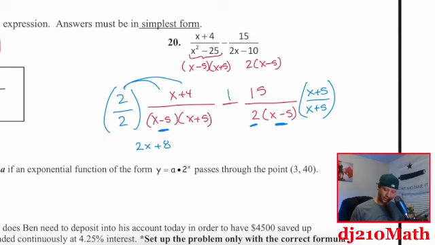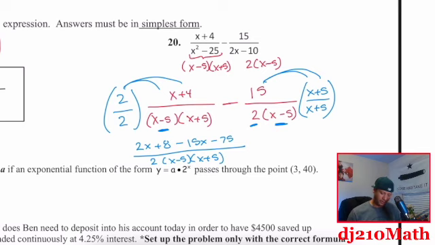Now, this is negative 15, right? Because it's minus. The 15 has to distribute, but then the negative comes along with it. So this is negative 15x, negative 75, all over 2, x minus 5, x plus 5.